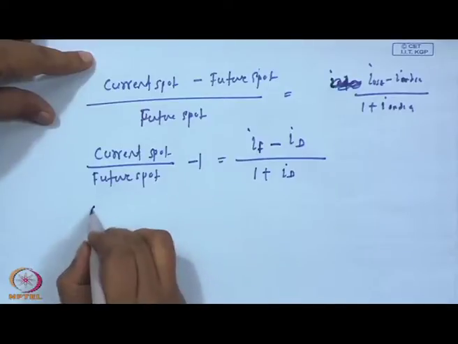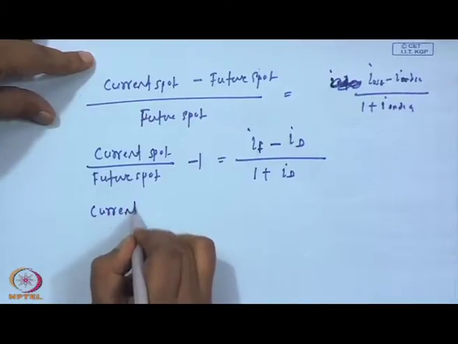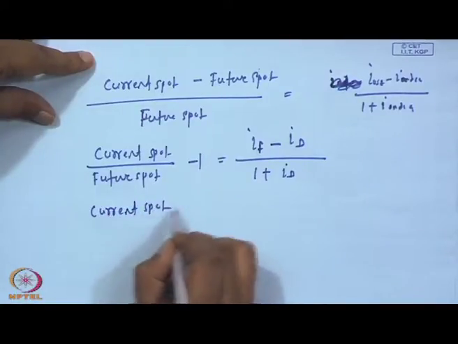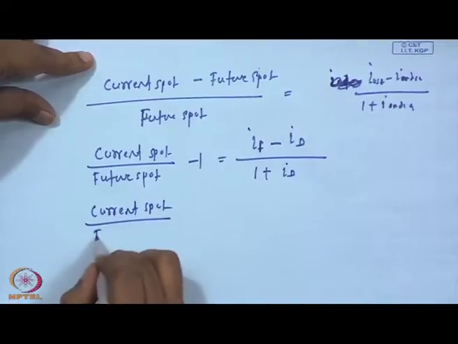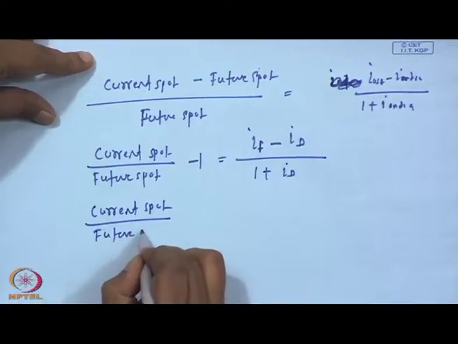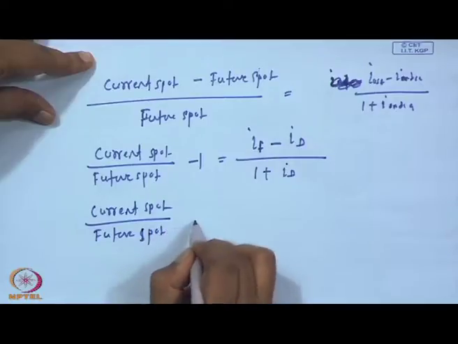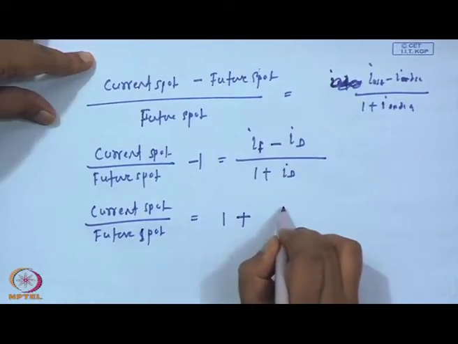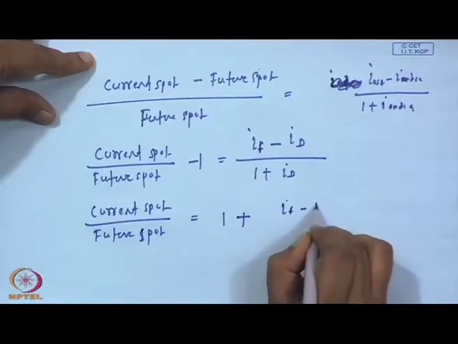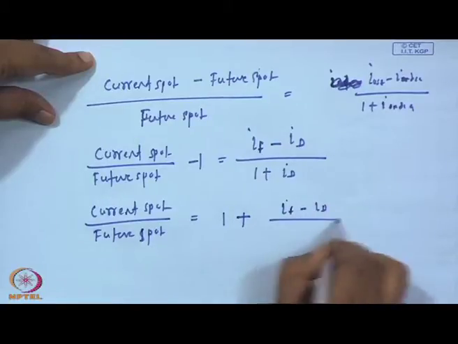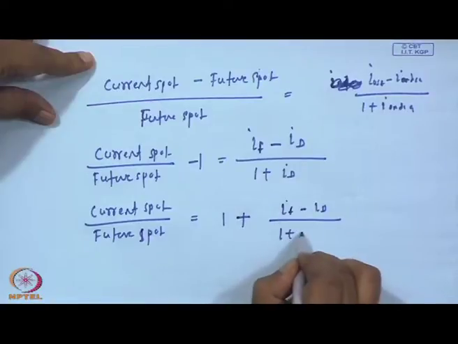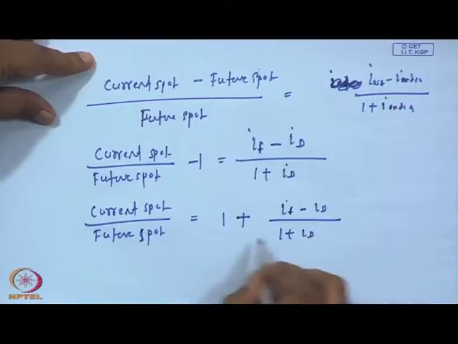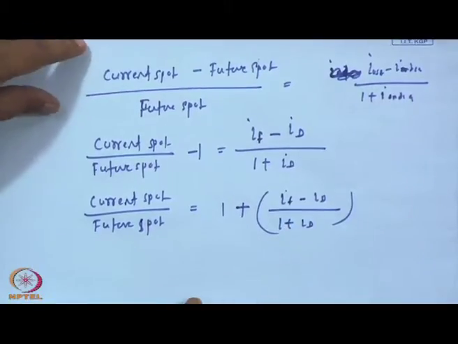So, now current spot divided by future spot equals 1 plus interest rate in domestic country plus interest rate in foreign country minus interest rate in domestic country, over 1 plus interest rate in domestic country.